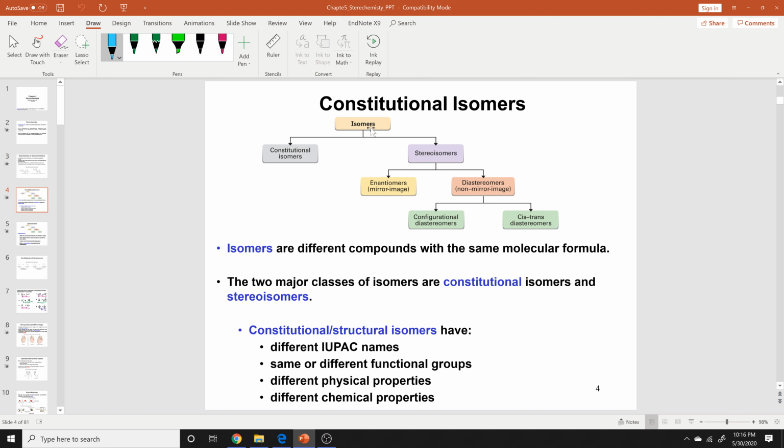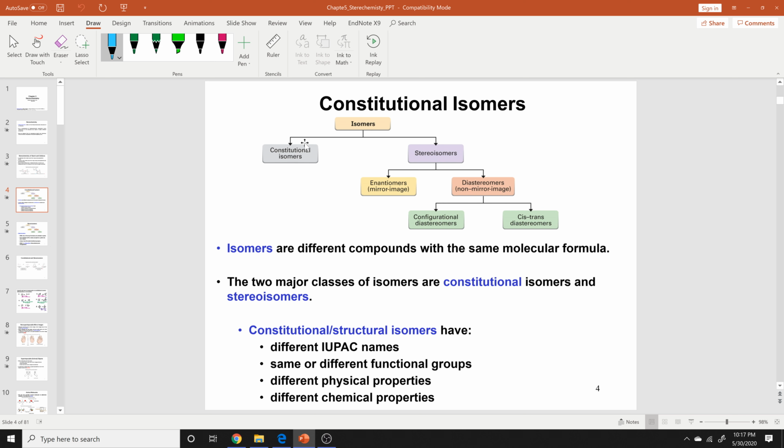So far we discussed isomers, and we said that one type of isomers is constitutional isomers. This is the only isomer that we've discussed so far. In this chapter, we're going to cover the rest of the types of the isomers.